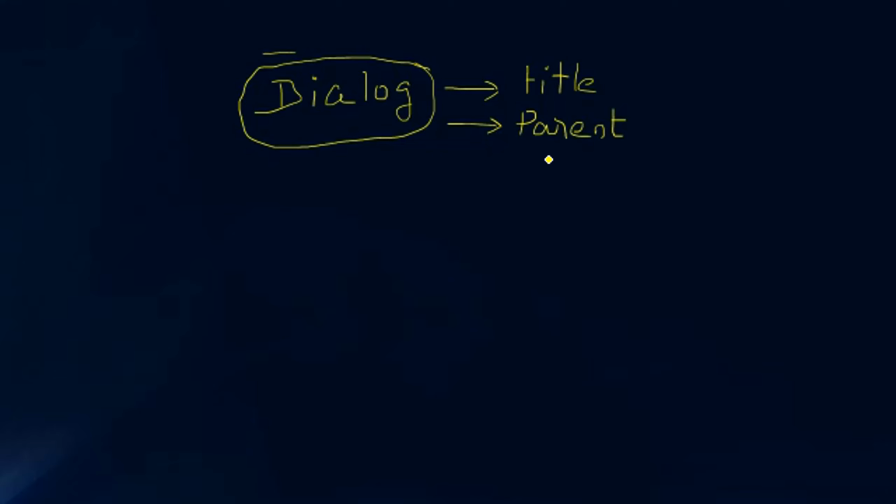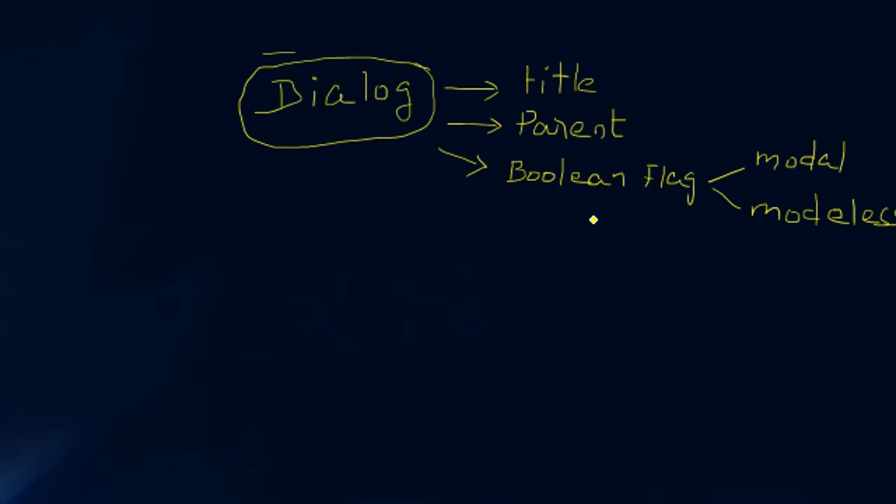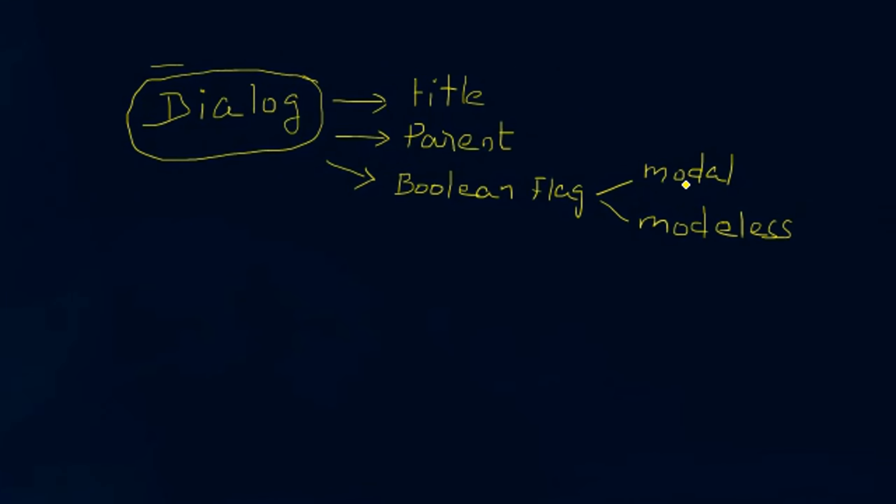The parent can be another dialog or it can be a frame window. The third one is a Boolean flag which tells how the dialog will be displayed, whether as a Modal dialog or a Modeless dialog. So we can construct the dialog with these 3 parameters.